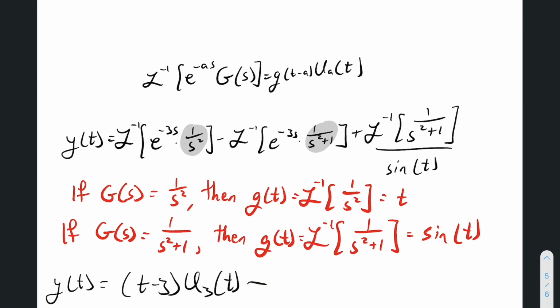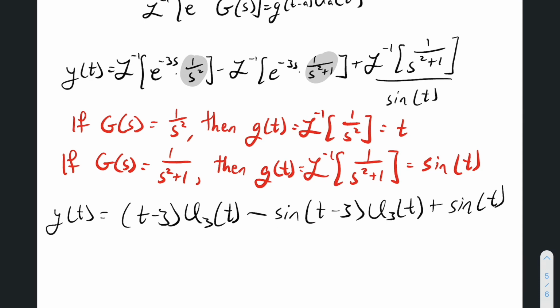And then minus this thing. This will be sine of not t, but t minus a, or t minus 3, times u sub 3 of t, and then plus sine of t from the last term.